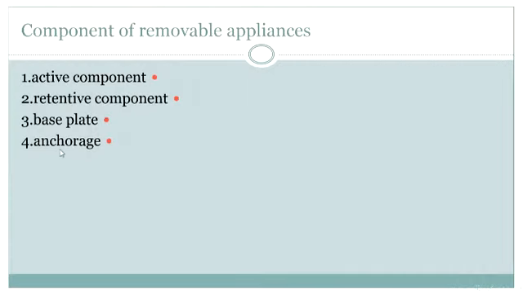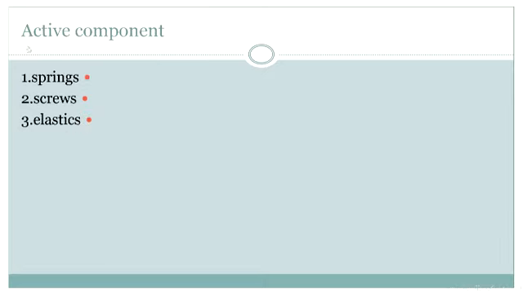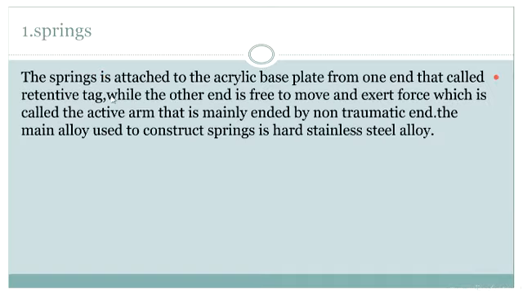Components of a removable appliance: the active component, the retentive component, the base plate, and the anchorage component. Active components are springs, screws, elastics, or a combination of others.